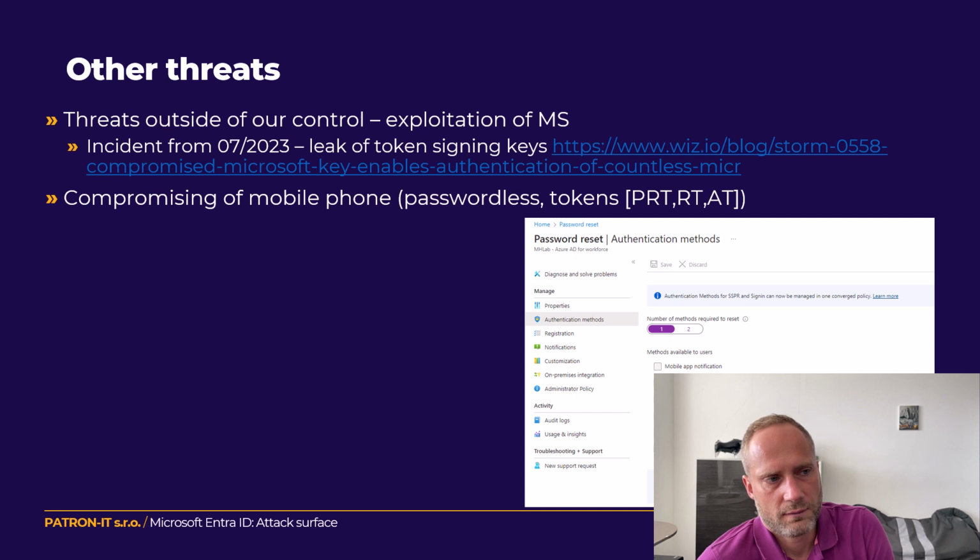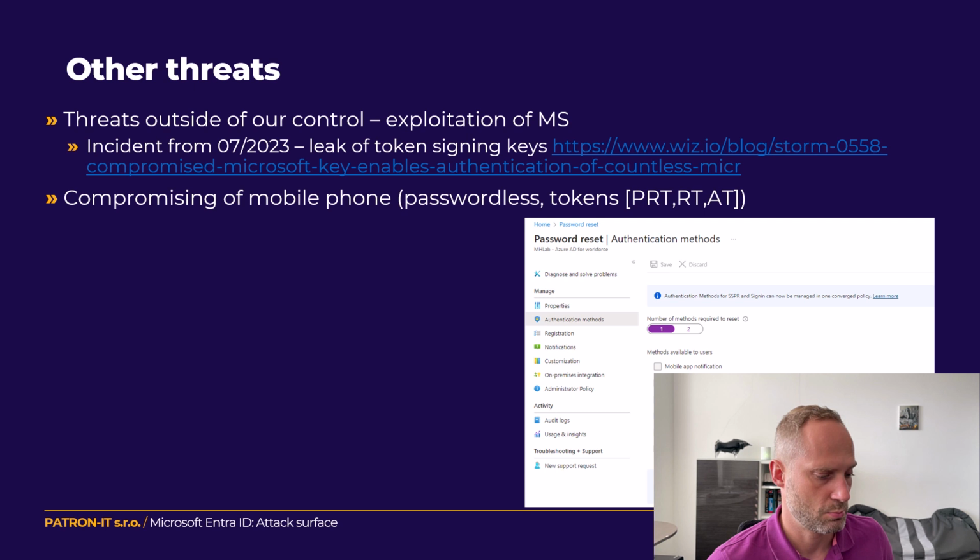Okay, and then we can have problems, for example, with mobile phones. Right now, we don't meet these problems often, but I can see that especially in the Android space, where a lot of people use smartphones outside of support, which are full of critical bugs, maybe they could be exploited, and the threat actors can control the phones to do passwordless authentication or steal the PRT and RT tokens which are on the mobile phones.